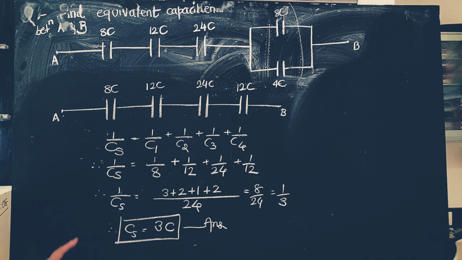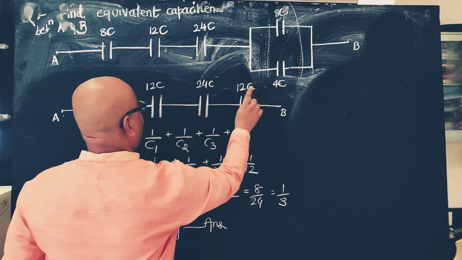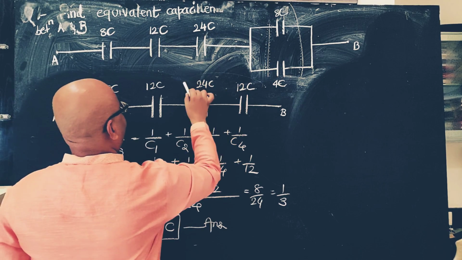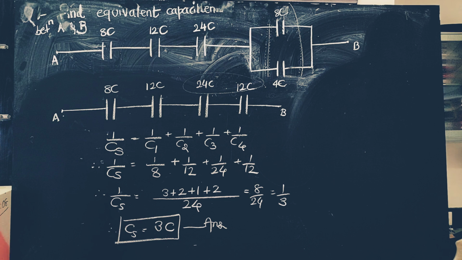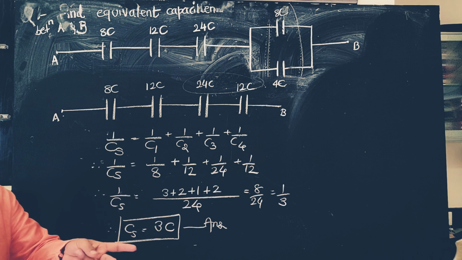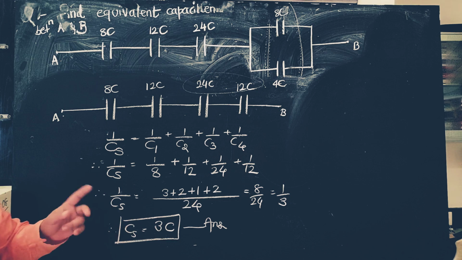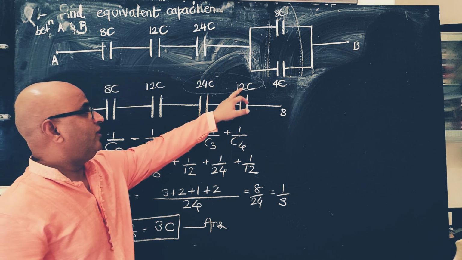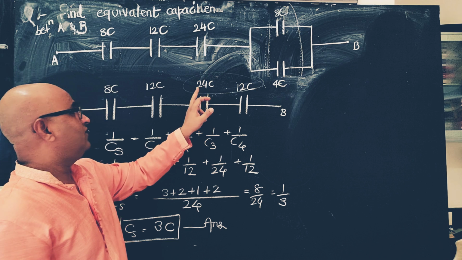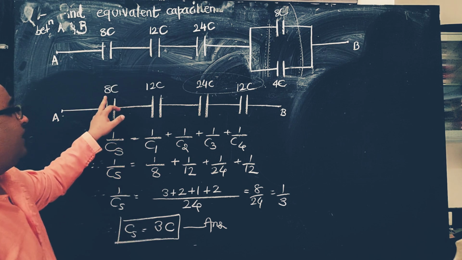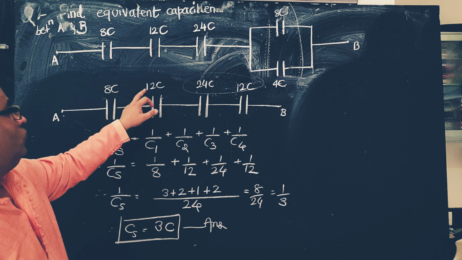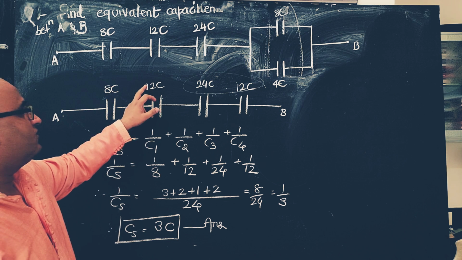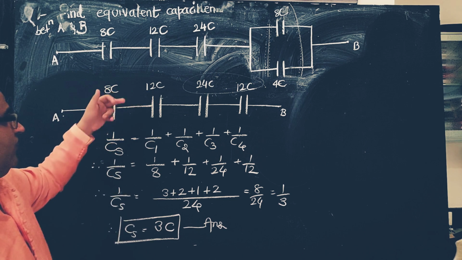Now suppose if this question comes in your CET examination or has been asked in MCQ in your board examination, you need to solve this very quickly. 8 और 4, 12 यहाँ तक तो easily आ जाता है. मैंने हमेशा कहा कि whenever the capacitors are connected in series, you take their product, take their sum and divide product by sum. 24 into 12 upon 24 plus 12 is 8. 8 and 8 will become what? 4. 4 and 12. 4 into 12, 48. 4 plus 12, 16. 48 upon 16, 3.